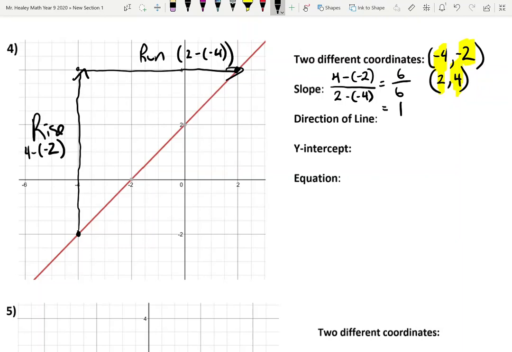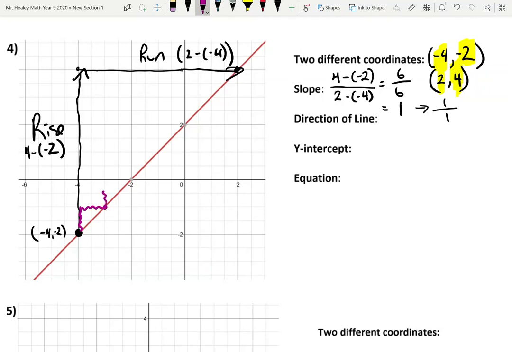That means that between each coordinate on the graph, it's going to rise 1, run 1. Let's take a look at the graph. Here, we'll start at coordinate (-4, -2). We're going to rise 1, run 1.